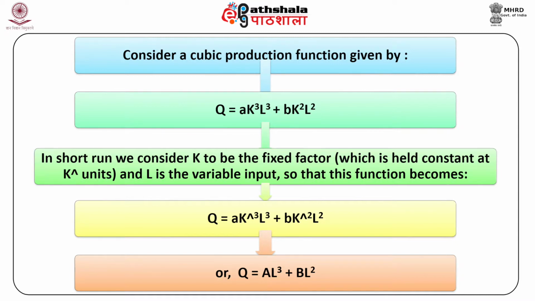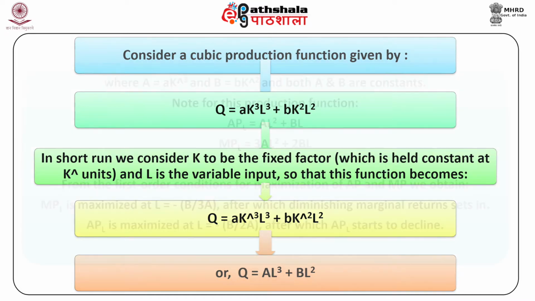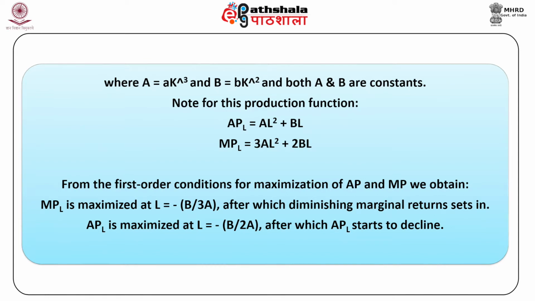In the short run, we consider K to be a fixed factor which is held constant at K hat units, and L is the variable input, so that this function becomes Q = a·K hat³·L³ + b·K hat²·L², or Q = A·L³ + B·L², where A and B are both in capital in this case.